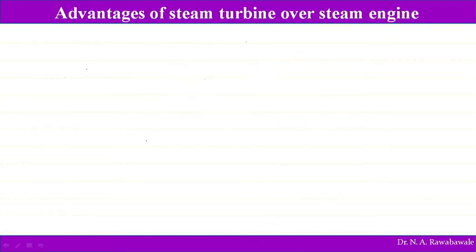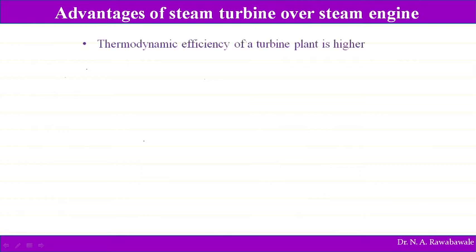Now we will see what are the advantages of steam turbine over steam engine. The very first advantage is that the thermodynamic efficiency of the turbine plant is higher, as this is a rotary part and the speed achieved by the turbine is constant, whereas in case of the reciprocating steam engine, the piston has to change direction.